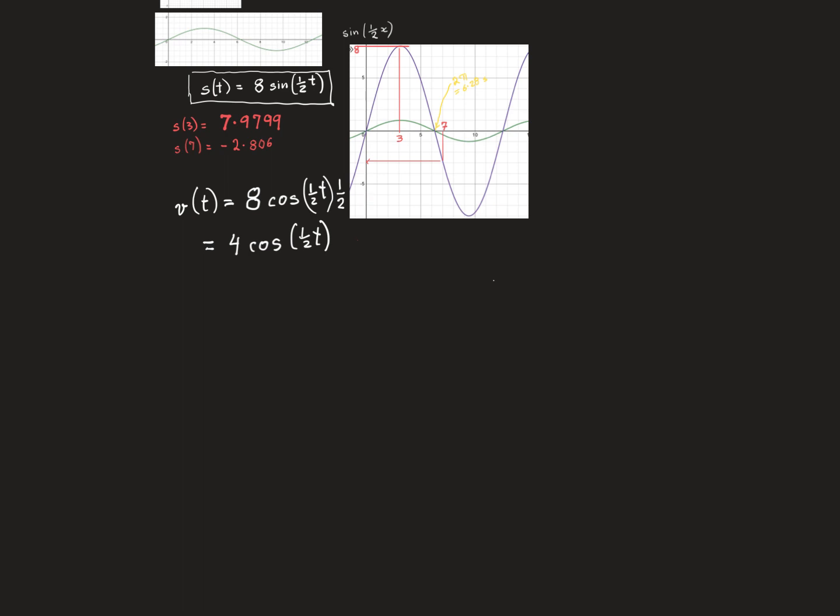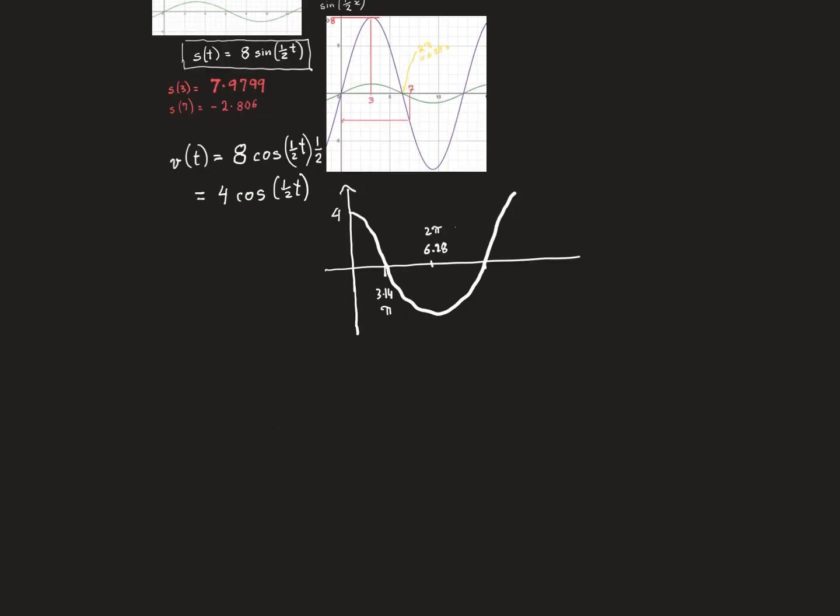You could similarly draw a cos function, but this time it will only reach 4, and these values here will be, this will be our 2 pi, which will be 6.28, and this will be 3.14.